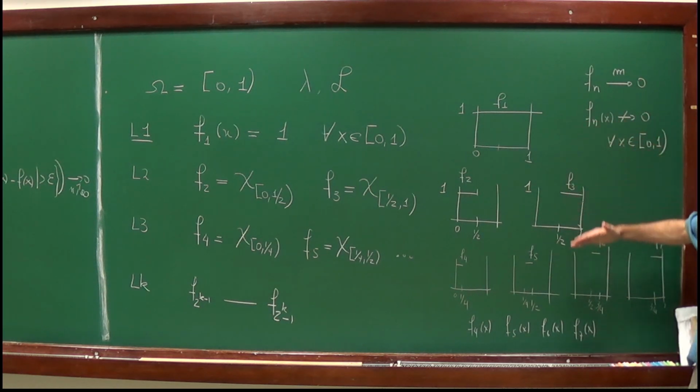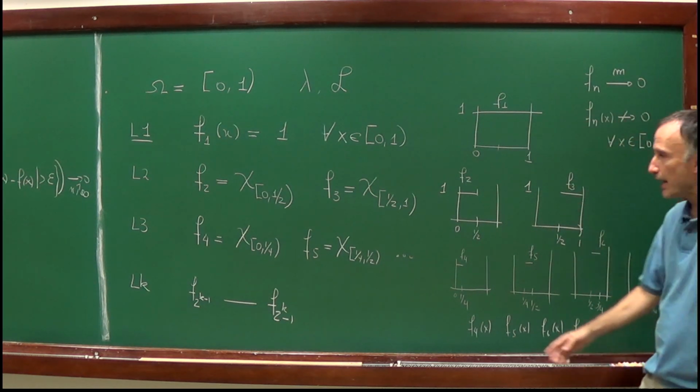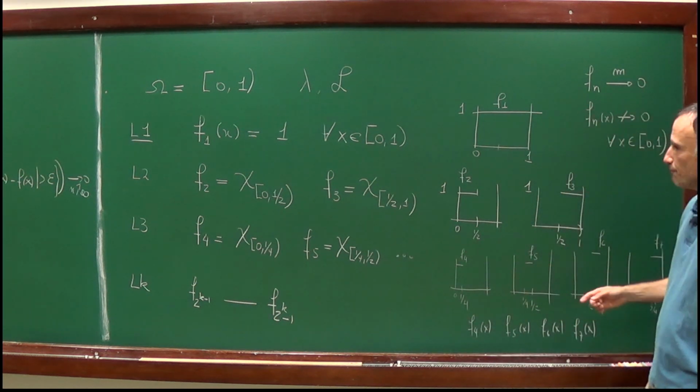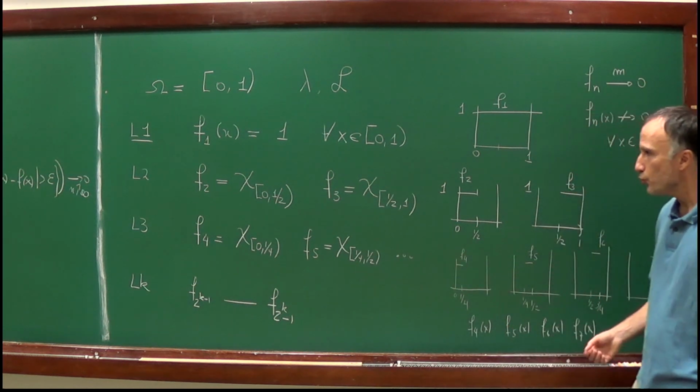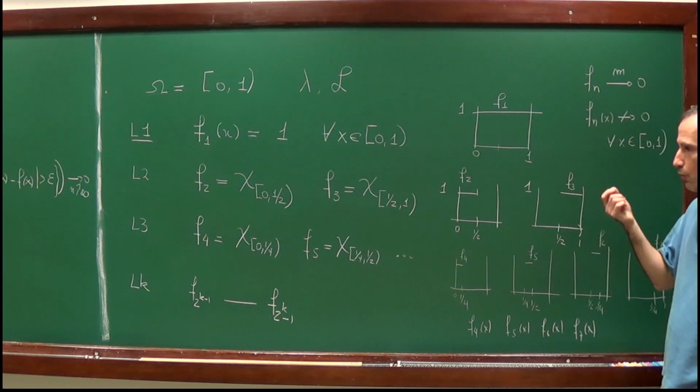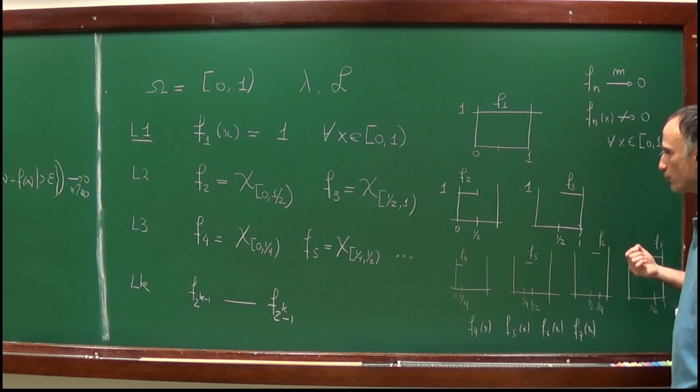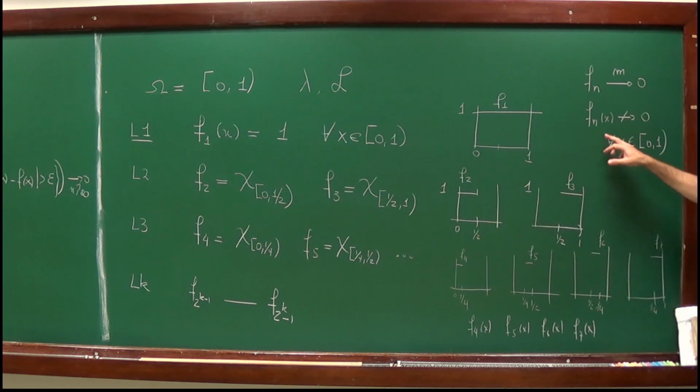So if we go through this sequence, at any level, f_k of x will be equal to 1 for one of these k's and 0 for all the others. So we can construct, for any x, a subsequence k going to plus infinity for which f_k of x is equal to 1.